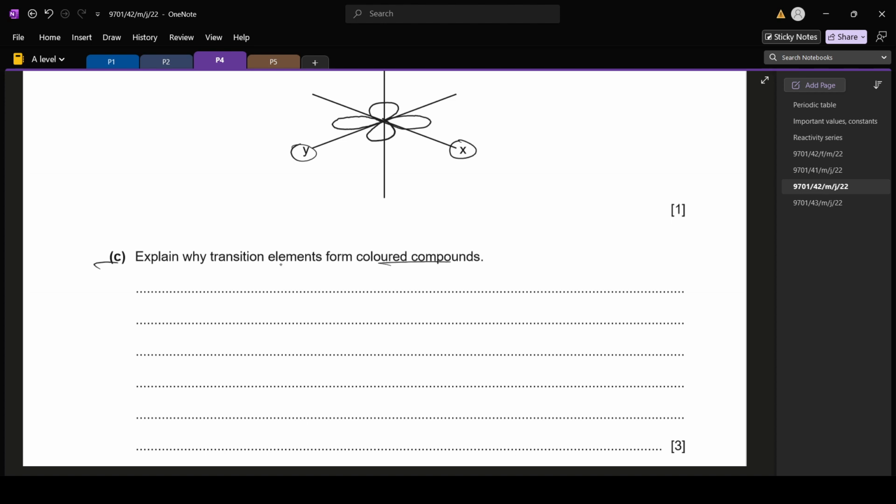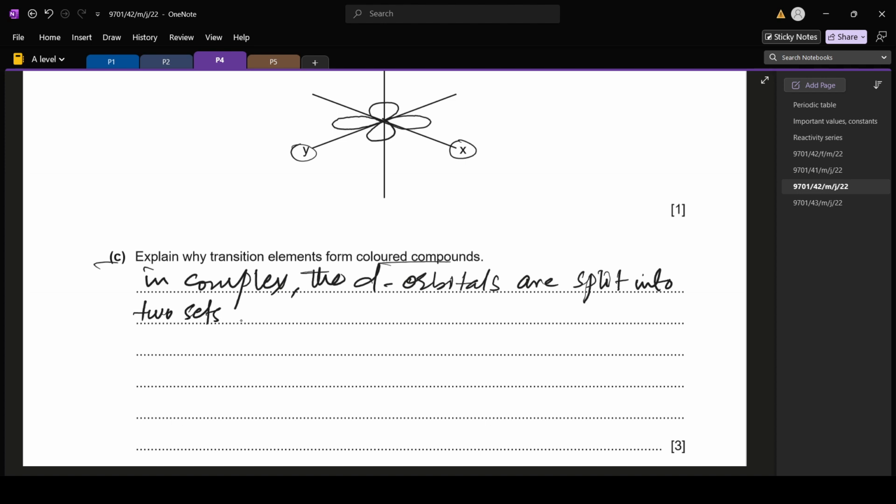So in complexes, the d splitting: the d orbitals are split into two sets of orbitals.